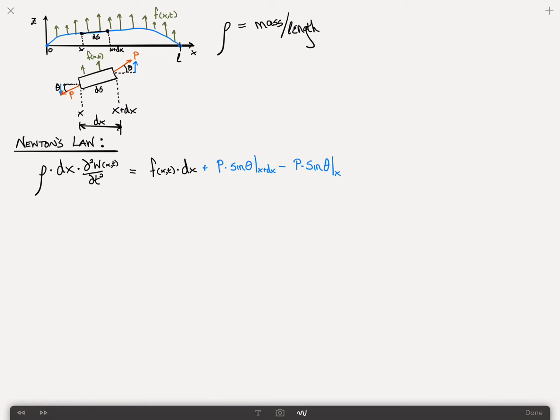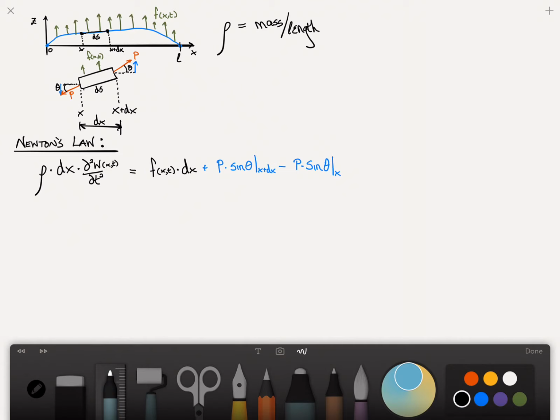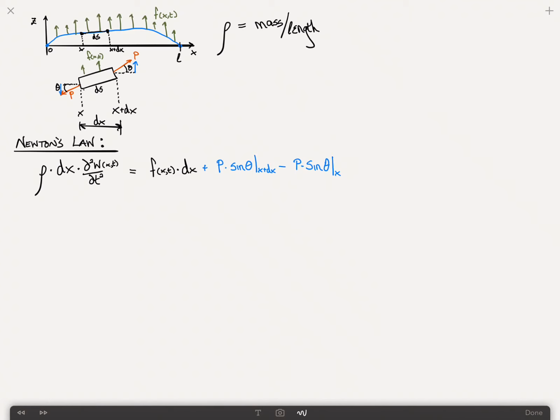All right, so the next thing that I can do is divide everything by dx. And on the left side, I'm going to get rho. I'm going to drop the x and t dependency. It should just be assumed, but I'm going to do it for shorthand. W double dot, which is the shorthand of writing the second time derivative of w, is equal to, on the right, f, since I've divided by dx. In fact, let me write that.